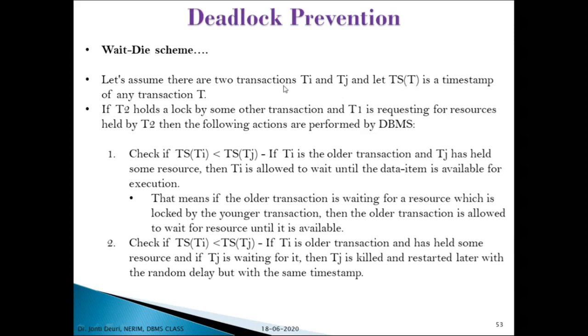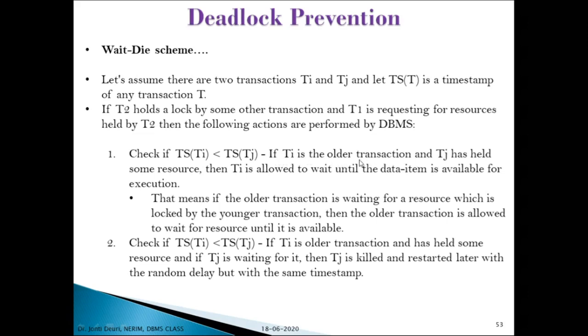If Tj holds a lock and Ti is requesting the resources held by Tj, then the following actions are performed after checking the timestamps. If Ti's timestamp is less than Tj's timestamp, then what will happen?